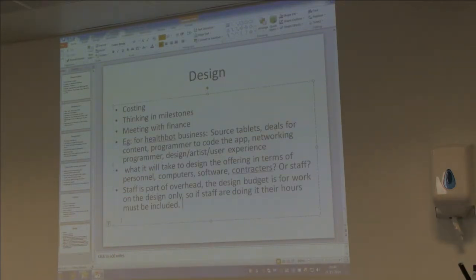And it's this overhead cost that they're always trying to lower, which is why you never see a receptionist anymore unless it's a big building.